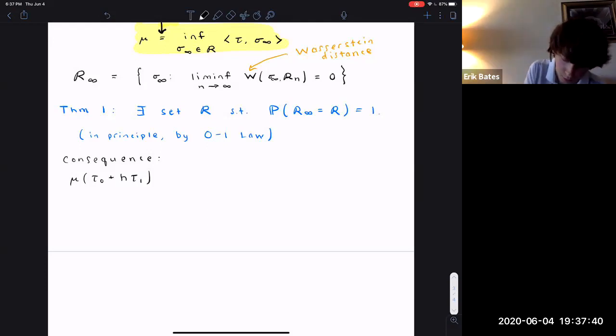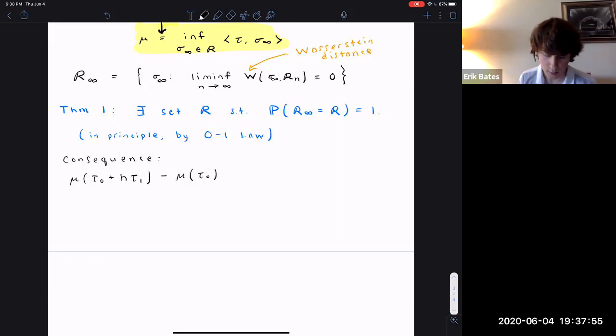So tau 1 is another measurable function. And then I'm looking at what's the time constant associated to this FPP model, where I'm using these as my push forward map. And I'm going to compare it to what's the time constant when I was just using tau 0. So again, here I'm using 0 and 1 just to indicate two different measurable functions. I'm not referring to any particular edges.